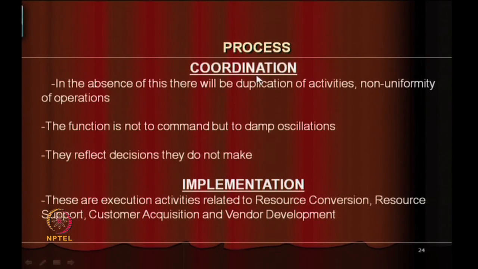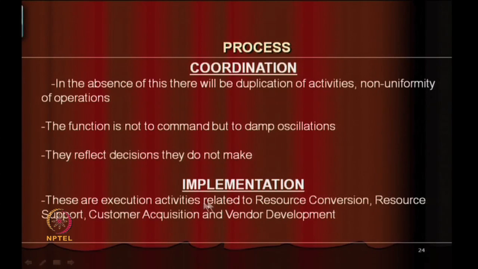So far as the coordination process is concerned, in the absence of this, there will be duplication of activities, non-uniformity of operations. The function is not to command, but to damp oscillations. By damp oscillations is meant reduce oscillations. They reflect decisions, they do not make them. And finally, implementation.